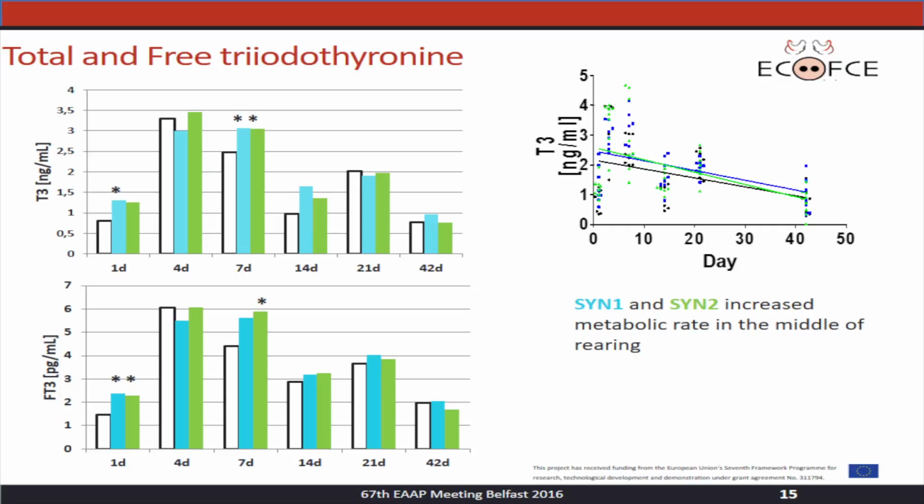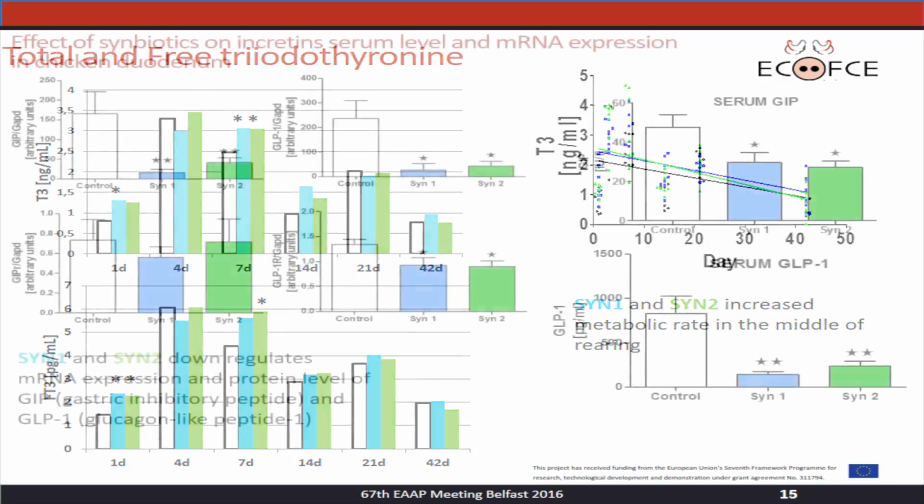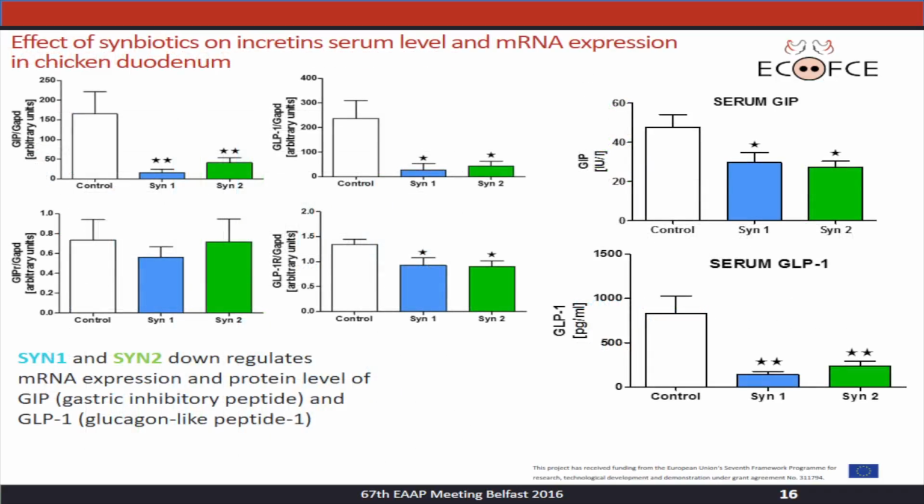And last but not least, since the previous results didn't give a very consistent, very clear picture, we decided to look at the incretins and the incretin level. The incretins are the hormones which are responsible for insulin release from the pancreas.